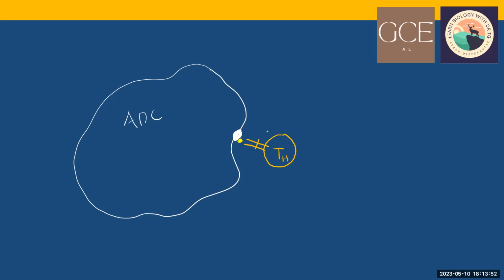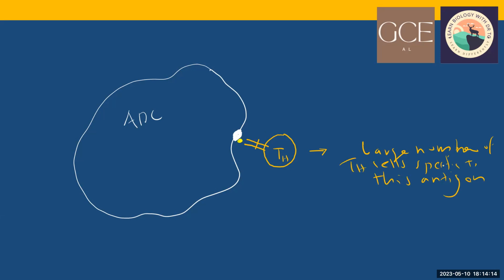Then these cells activate and produce a large number of T helper cells specific to this antigen.